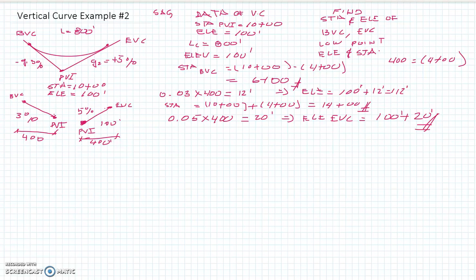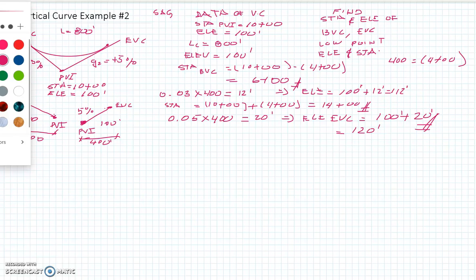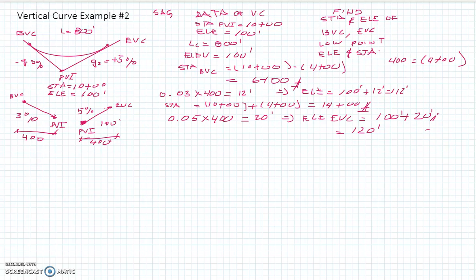So I have my station and elevation for the end of the vertical curve, and my station and elevation for the beginning of the vertical curve.